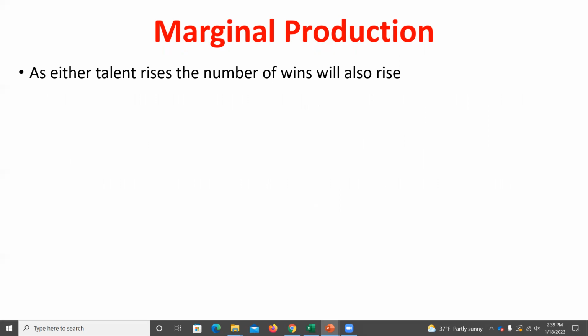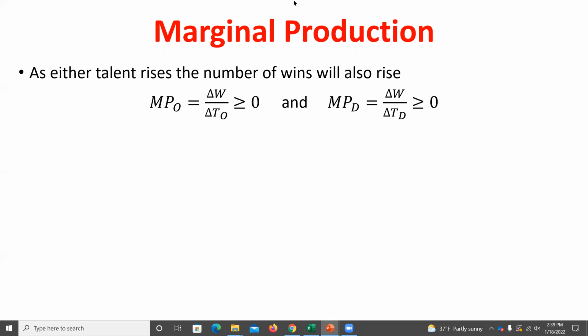So the way I'll write this, I'll just use a triangle here to denote change. I'll shorthand the word change a lot, especially when we're thinking about marginal effects of things. The marginal production of my offense is the change in the number of wins that comes from a change in the number of units of talent.